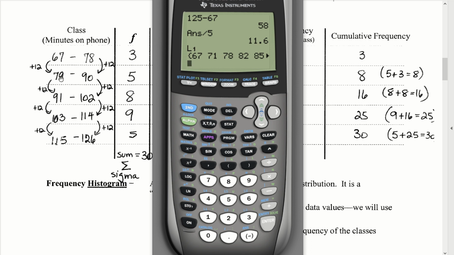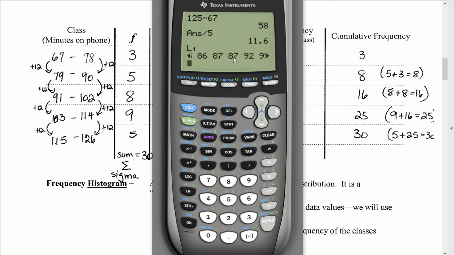Let's now look at the second class together. Between 79 and 90, the first one that's going to meet that criteria is going to be 82. That fits inside of there. So we're going to have 1, 2, 3, 4, 5, and now 92 is too much.